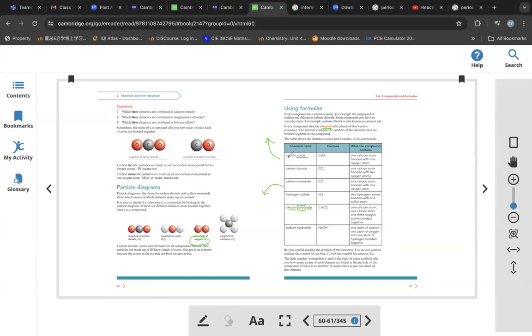Calcium and oxygen are made from metal and non-metal, correct? But here, they are made from non-metal and non-metal. Carbon monoxide. So the mono, di, tri thing is usually used when it comes to non-metal and non-metal.